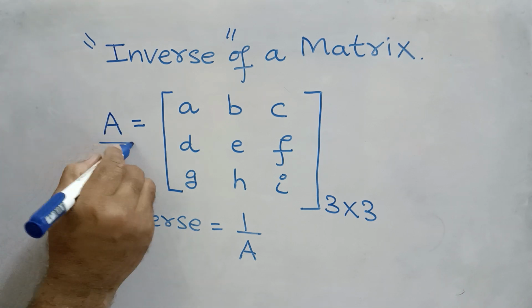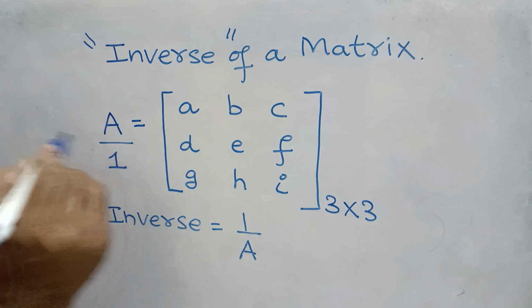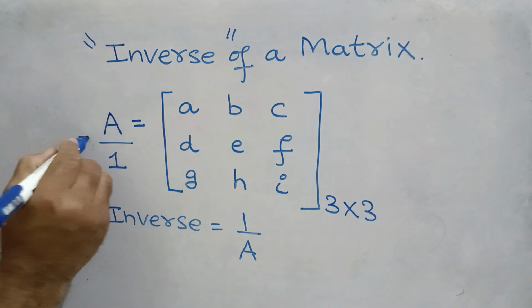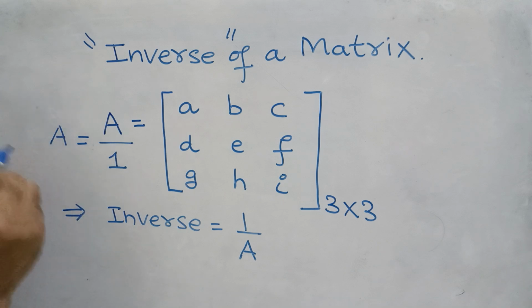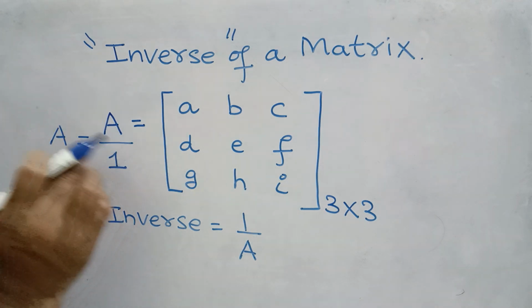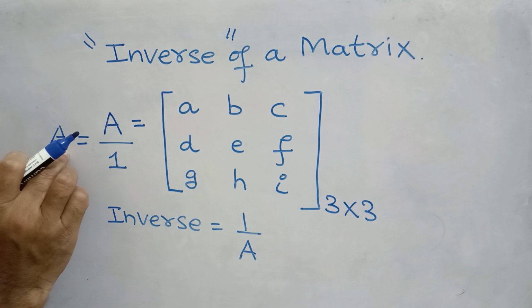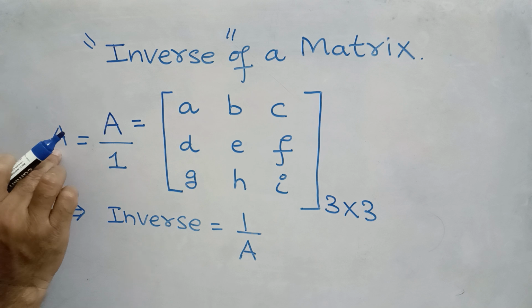A can be written as A by 1. If you write A by 1, the value of A does not change. A by 1 is equal to A itself.